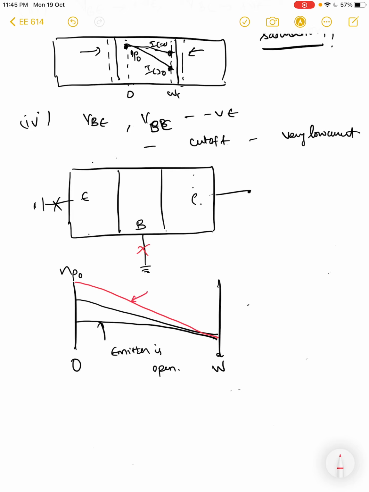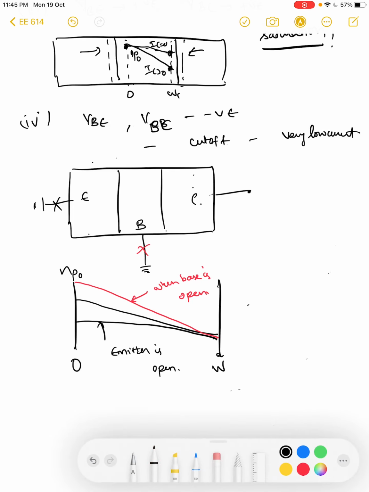This is the situation when the base is open. Because the gradient in the carrier concentration determines the total current in the junction, right? So this particular aspect, as we saw, is useful in understanding the output characteristics that we will see soon.